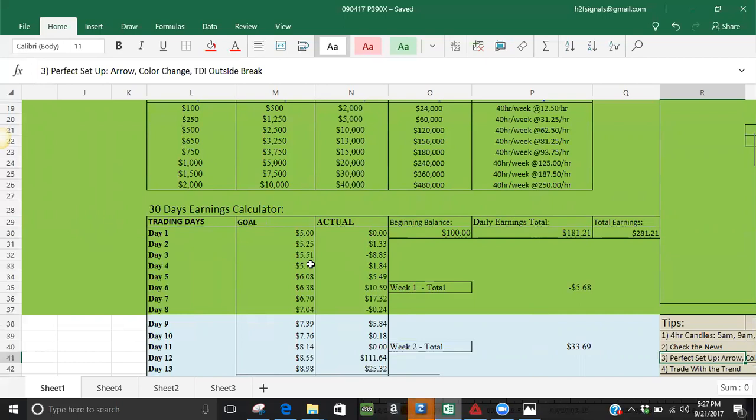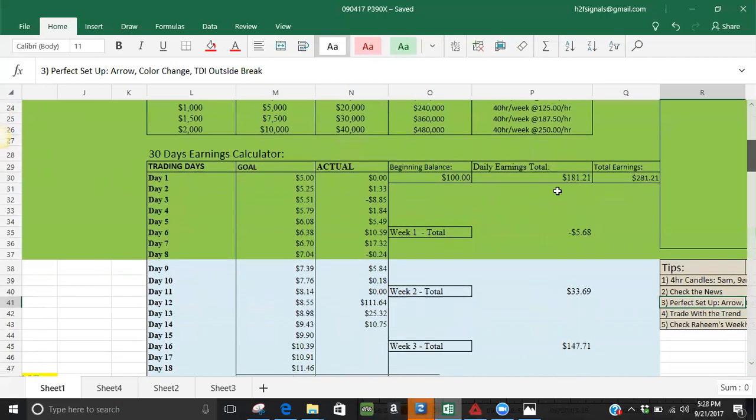Day 3, $5.51. This person actually took a loss. And it goes on, so forth. If you look at this person, well, day 4, $1.84, and they started off not hitting their goals, they were actually behind.